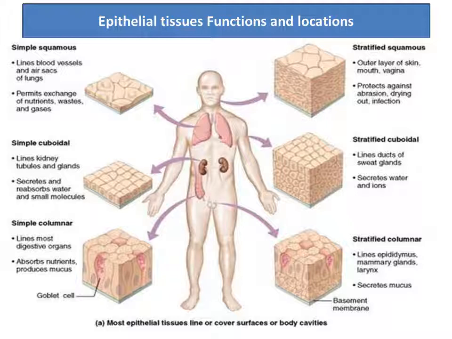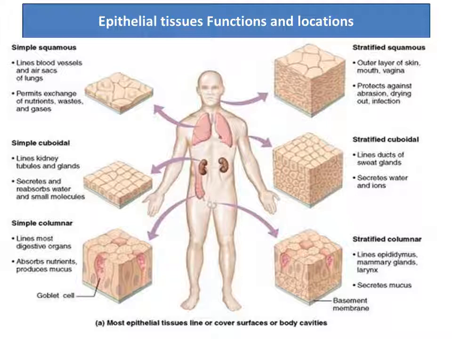It lines the ducts of sweat glands and it secretes water and ions. Stratified columnar. You know, columnar are tall, pillar-like cells of epithelial tissue. They line the epididymis, mammary glands and larynx, and they secrete mucus.